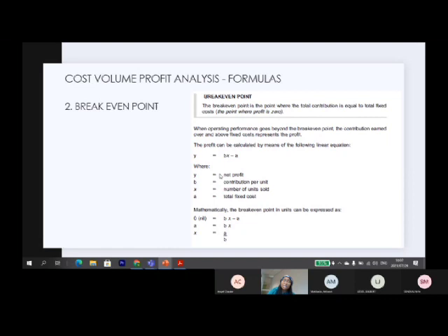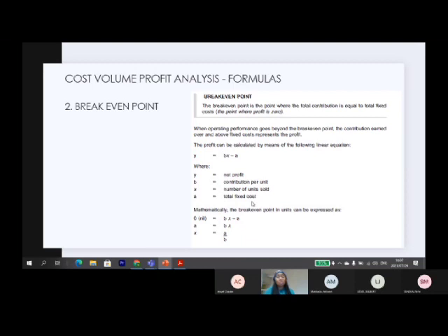This is the formula. They use linear again, and I told you a linear equation depends on the context of what you are looking at. In this instance, Y is your net profit, B is your contribution per unit, and remember, contribution is your sales minus all variable costs, times the number of units, and then you minus your total fixed cost.